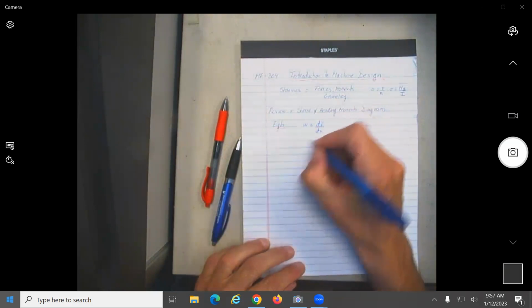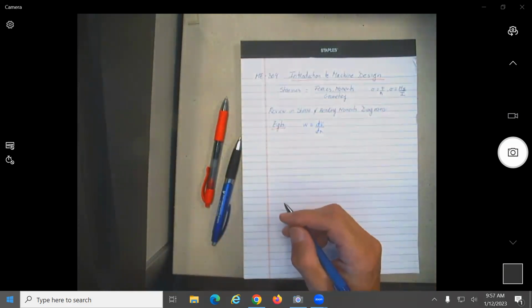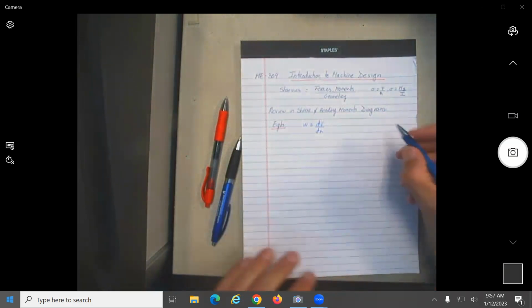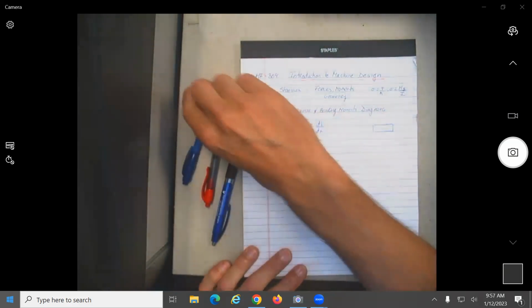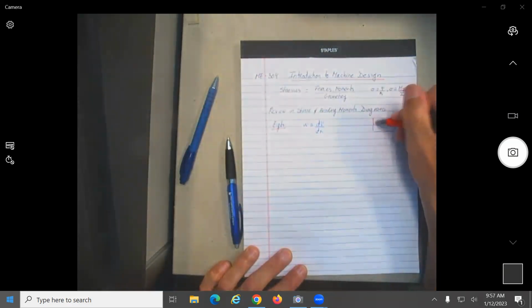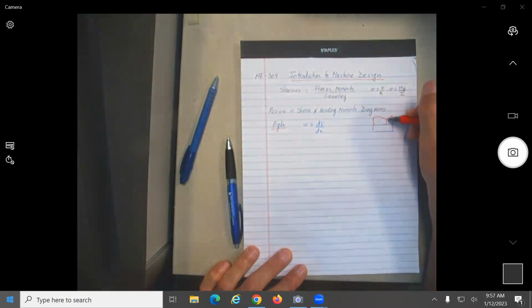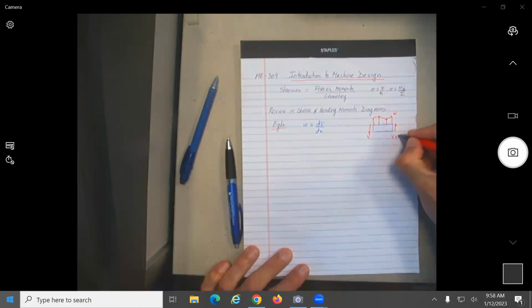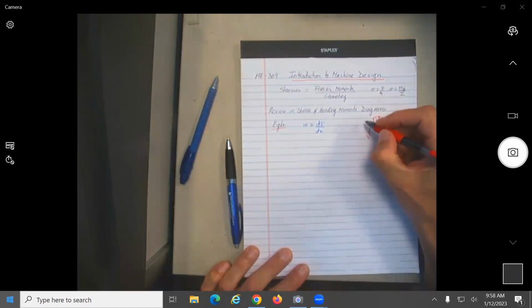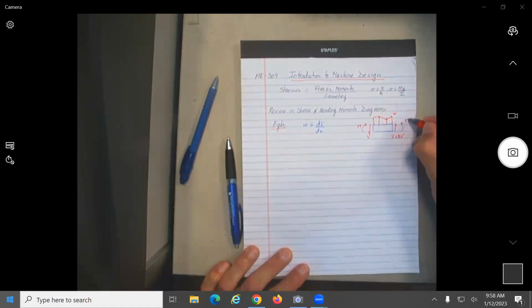I'll probably do a small figure now. So let me just do the figure here. Let's say this will be the distributed load, and you will know that this will have a shear force V and a moment M here, okay?